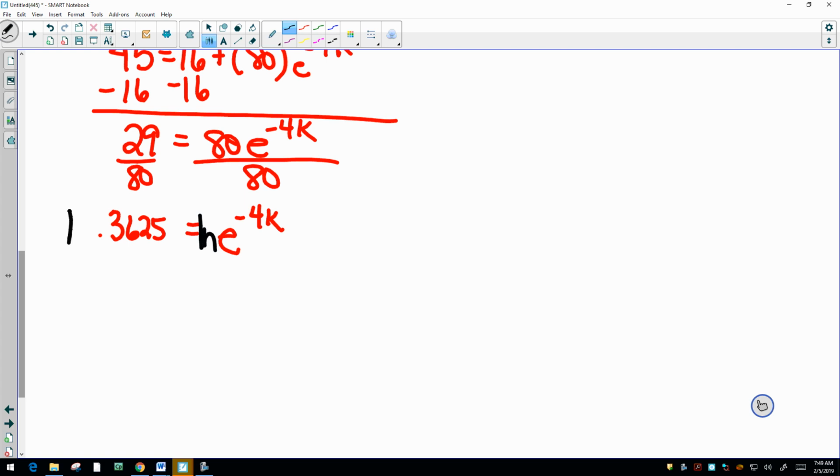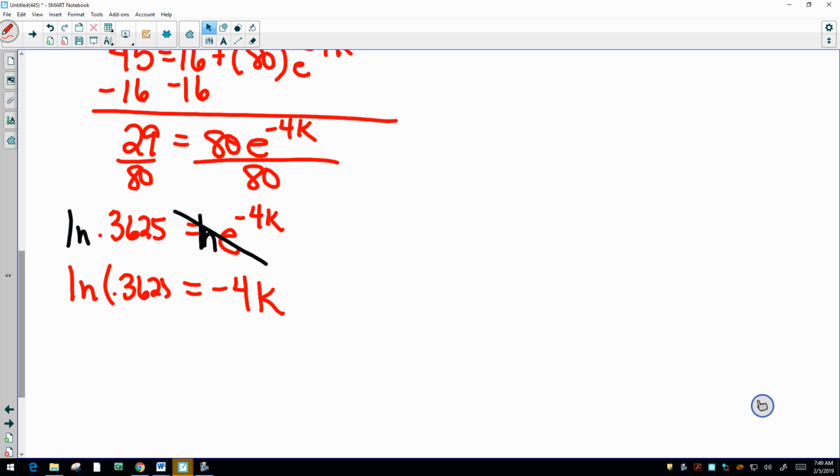Great place to introduce your natural log. Natural log and e are inverse operations, so they reduce out. I have negative 4k on this side, and on this side the natural log of 0.3625. If I divide through by negative 4, we have that k value, that constant we're looking for, which is about 0.25368.